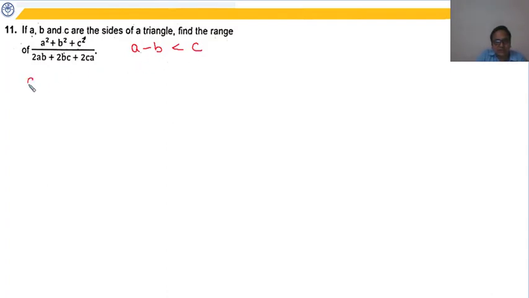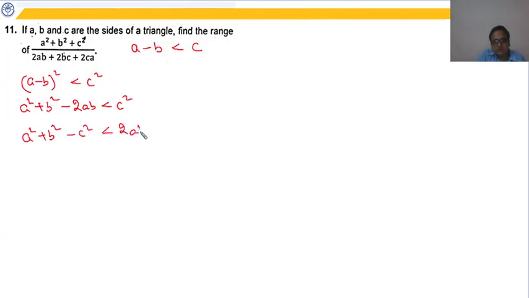So we can write this as a minus b whole square is less than c square, a square plus b square minus 2ab is less than c square, or a square plus b square minus c square is less than 2ab. We can write in this manner also.